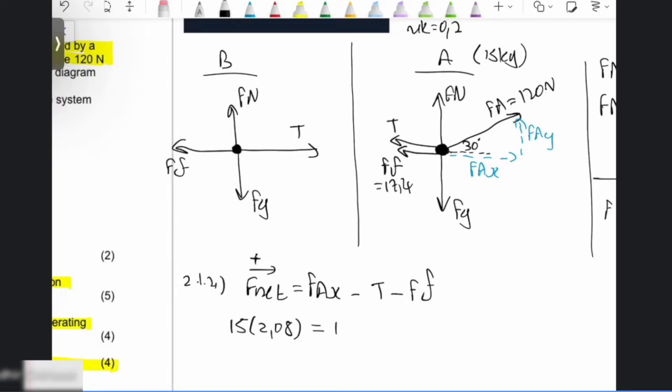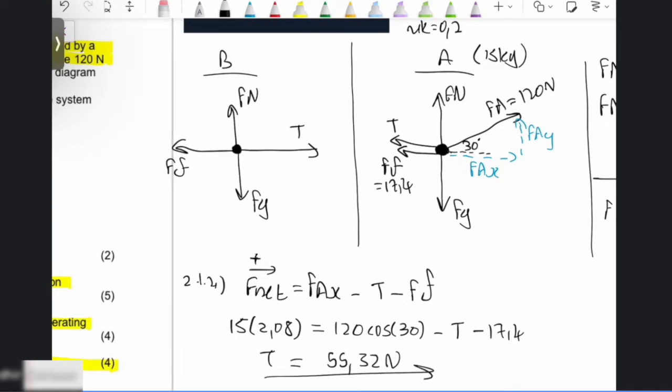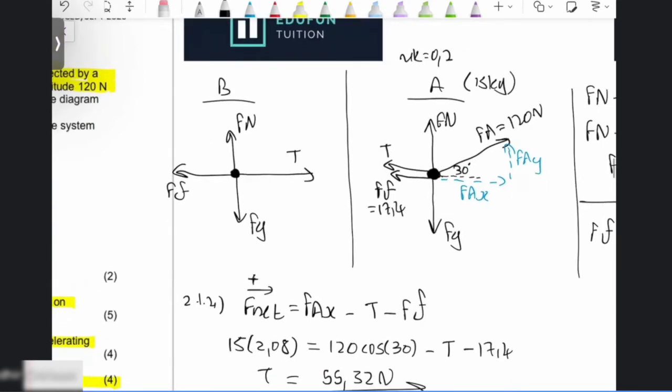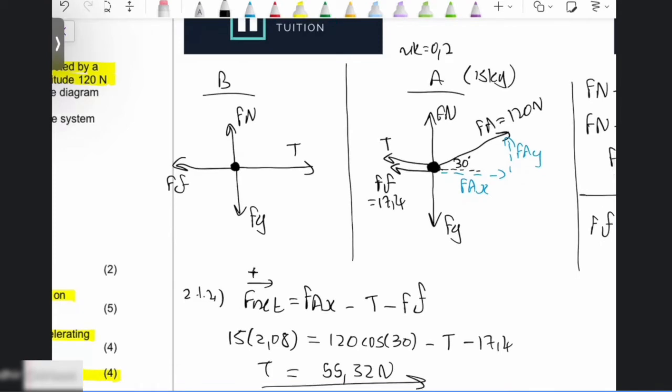This is going to be 120 cos 30 minus tension minus the friction of 17.4. And now we just solve for tension, guys. So 55.32 newtons, guys. That's our tension, 55.32 newtons. Guys, anyone with questions on this, please let me know.